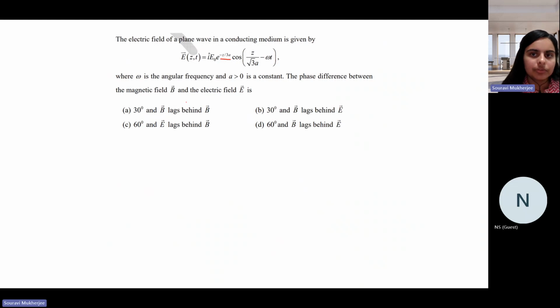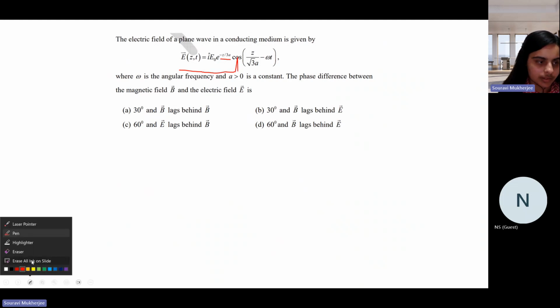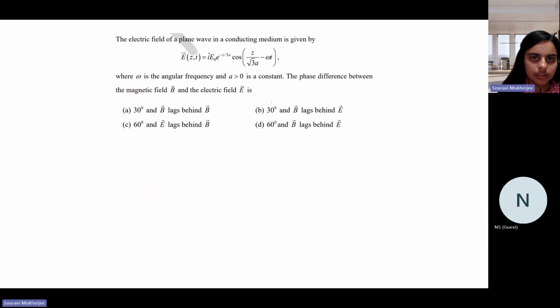So now we need to find this phase difference. First we should look at what this wave equation is telling us. What is the electric field telling us?